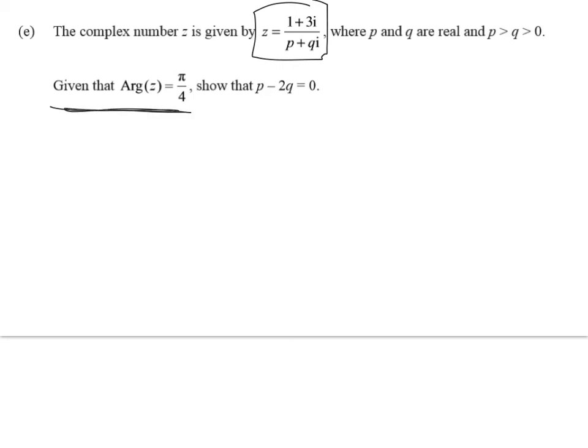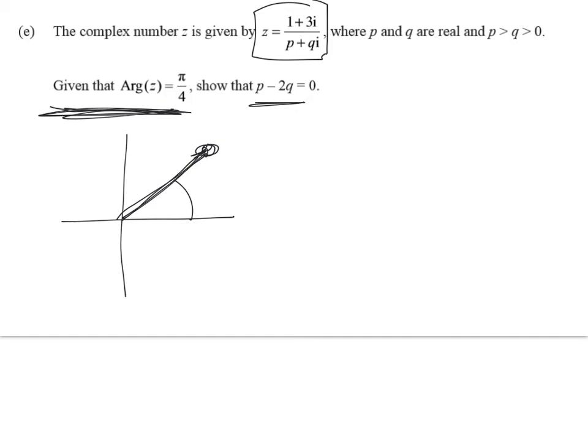This is the important bit that makes it really quite an easy problem if you spot what's going on. Given that arg z, so the angle formed by the x-axis and the complex number, is pi on 4, show that p minus 2q equals 0.